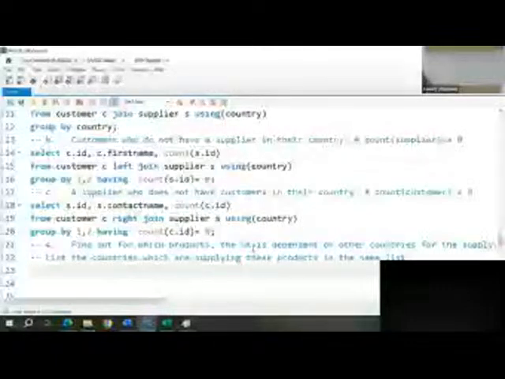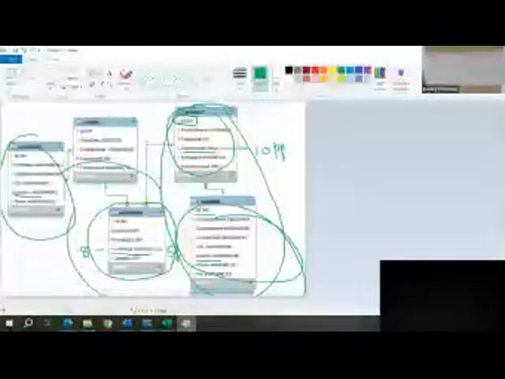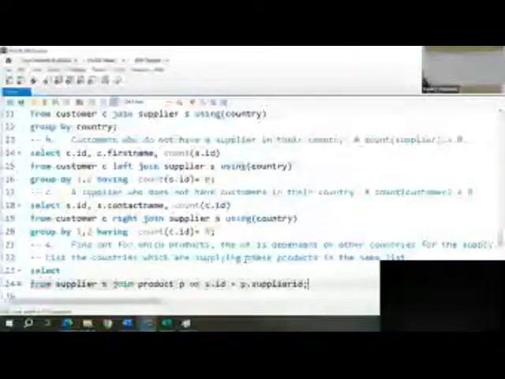Okay, fine. So select from and the product on s dot id is equal to p dot supplier id. So let's bring all of this information. So this I will join with what?